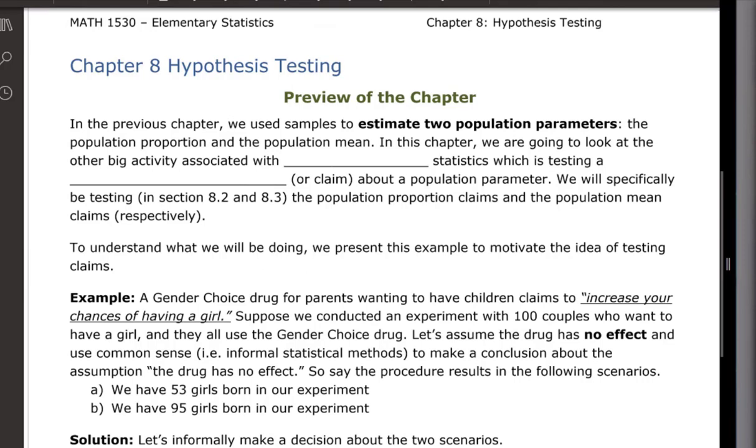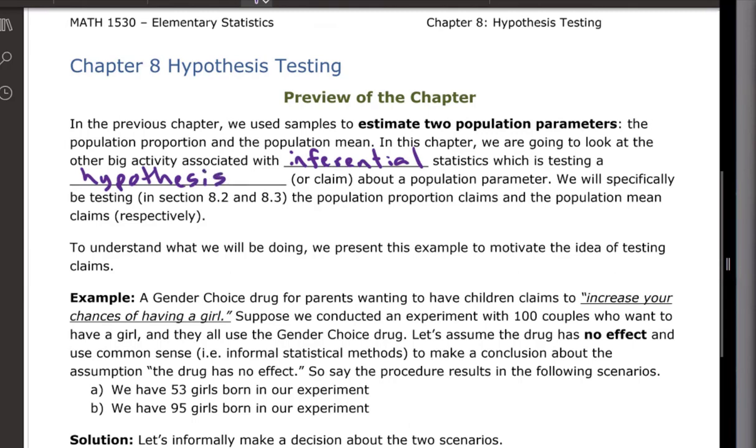We also estimated the population mean. Well, in chapter 8, we're going to be doing the other activity involved with inferential statistics, and that is testing a claim about some population parameter. So, testing a hypothesis.